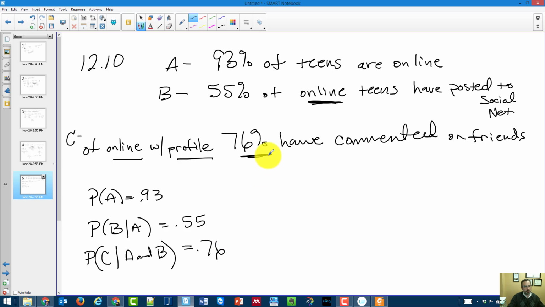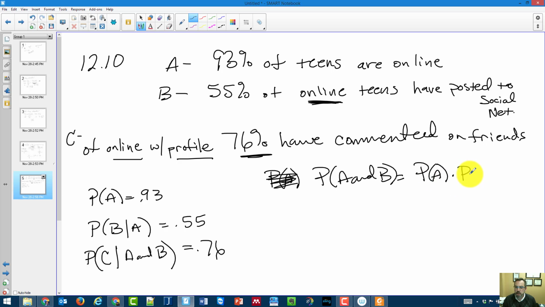All right, so the general rule of multiplication says that, well, what does it say? General rule for multiplication: the probability of A and B is equal to the probability of A times the probability of B given that A occurs.